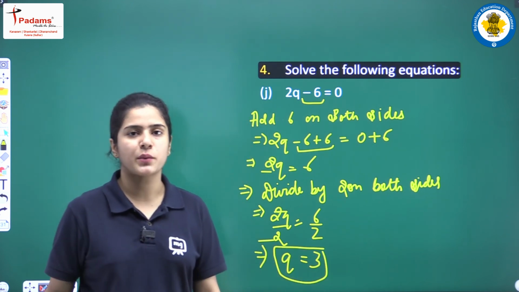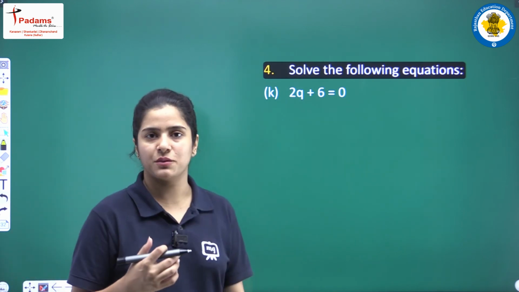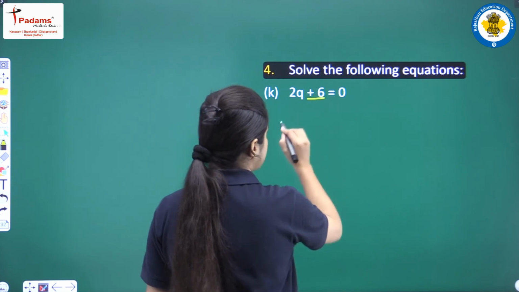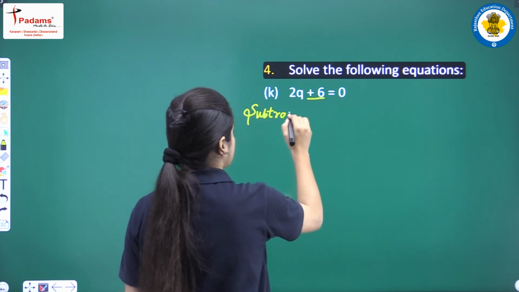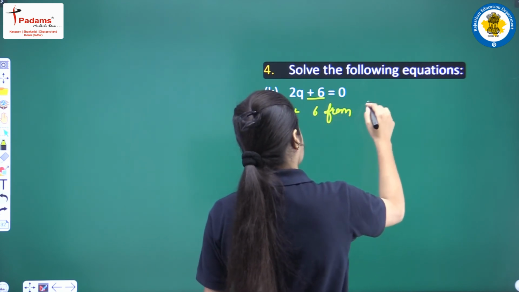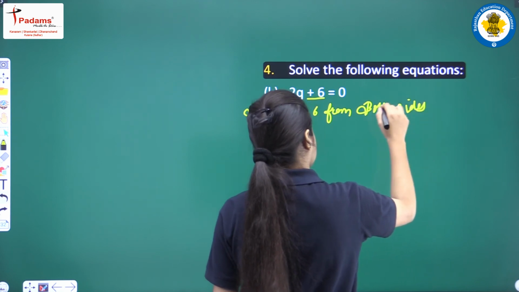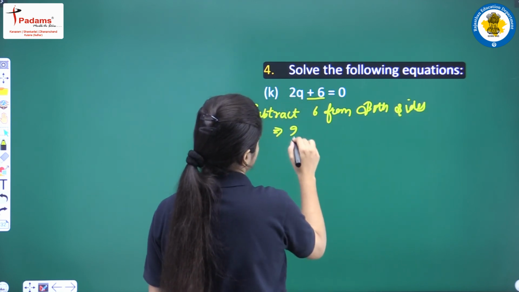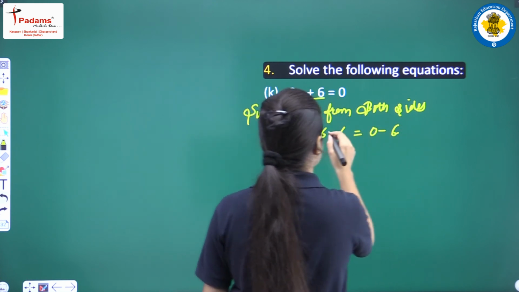Looking at another question, 2q + 6 = 0. Now you have to eliminate this 6 by subtracting 6 on both sides. Subtract 6 from both sides. 2q + 6 - 6 = 0 - 6, students.